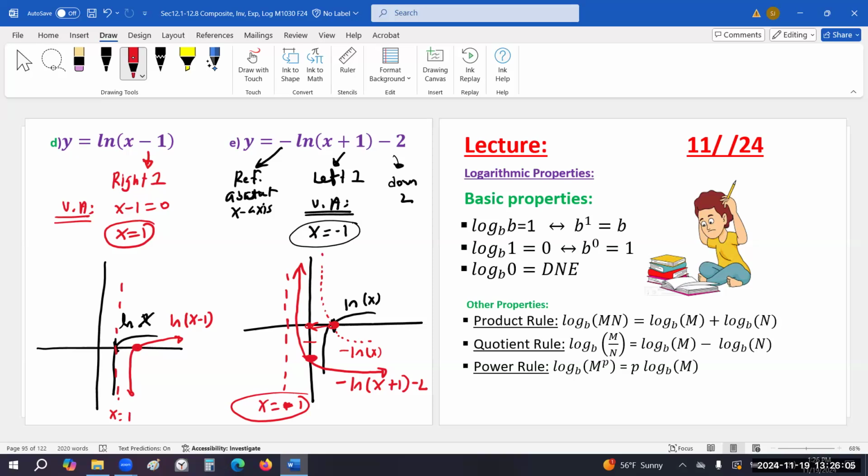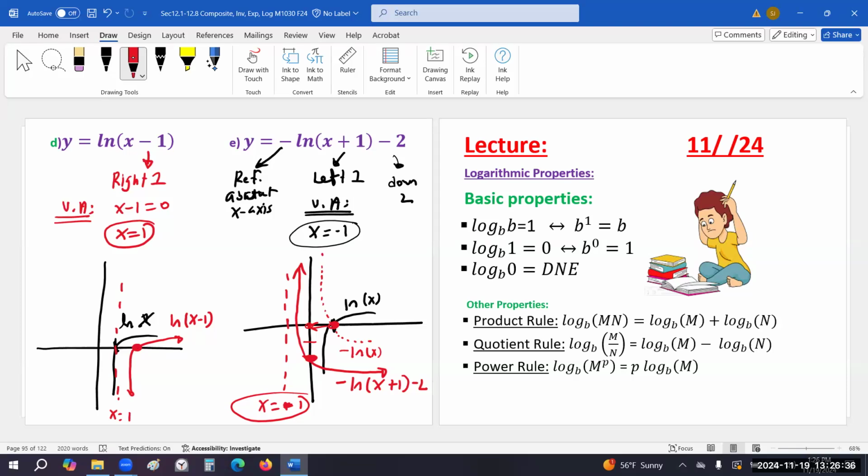Log of 1, it doesn't matter what your base is. Base could be any number. But when x is 1, your y value is 0. So log 1 is 0. And when the base and your x are the same thing, it becomes 1. These are the 3 things we use a lot in log. These are special. These are basic properties.